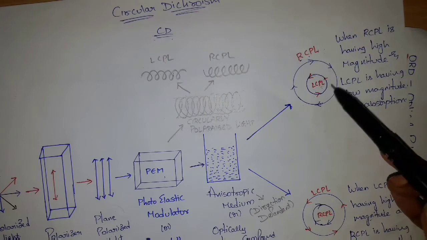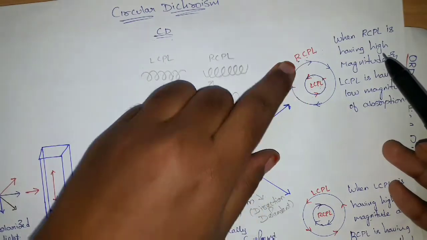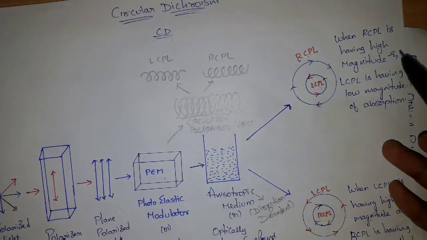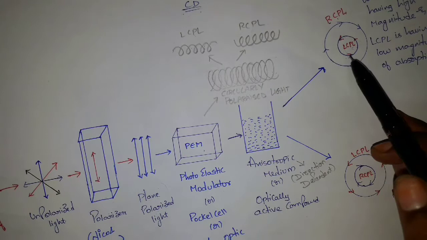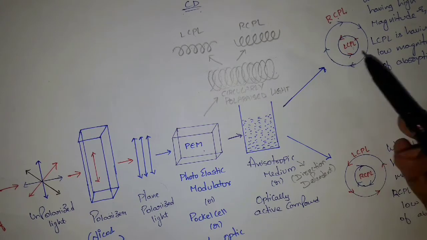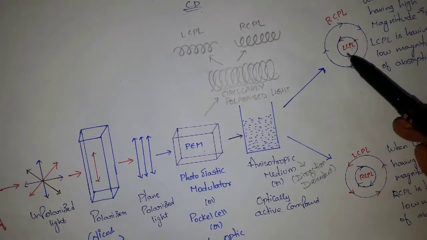So the difference in the magnitude of RCPL and LCPL tells about the CD. So circular dichroism is used for the measurement of the difference in absorption of RCPL and LCPL.